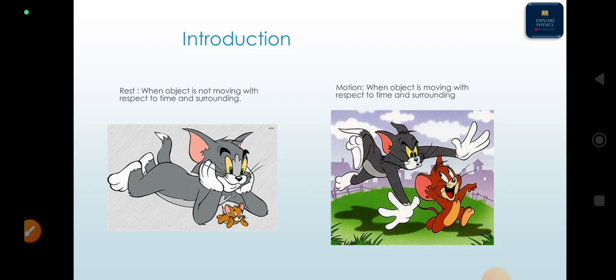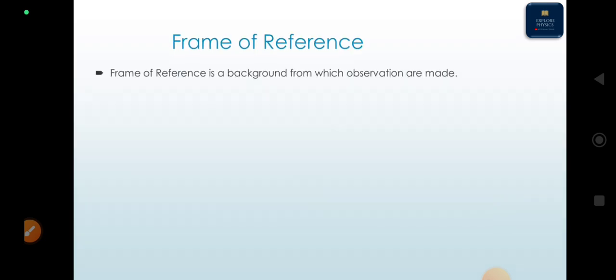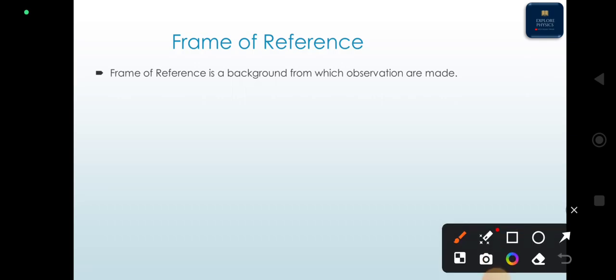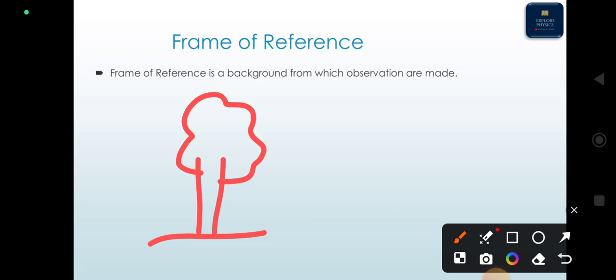In the next slide, we are going to learn about the frame of reference. What is meant by frame of reference? Frame of reference is the background from which the observations are made, right? For example, here we have drawn one tree. The tree is in the state of rest according to the person who is standing nearby the tree, right?